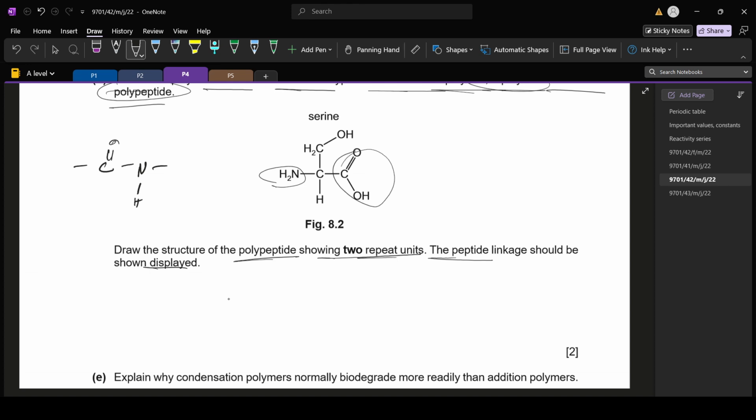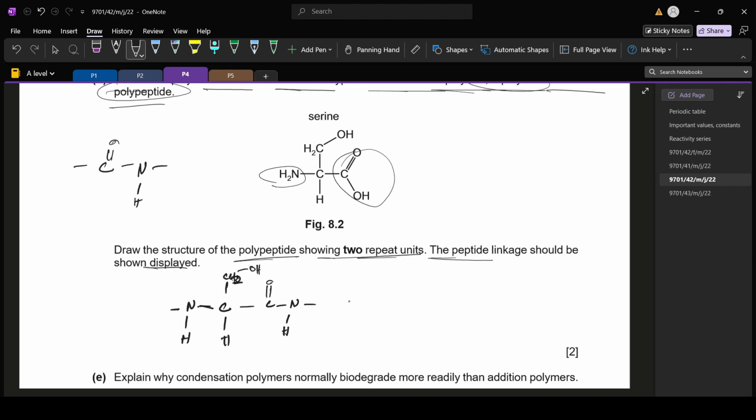Firstly, this part will be unchanged, CH2, OH, and CH. Then you have this amine group, and then you have this amide linkage.